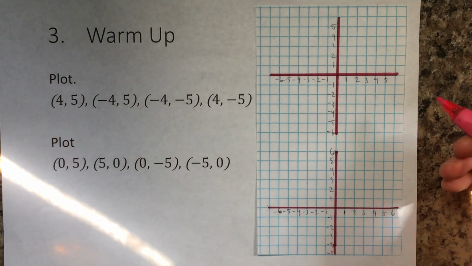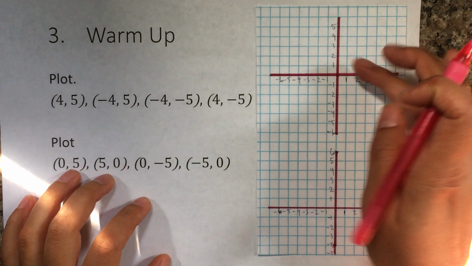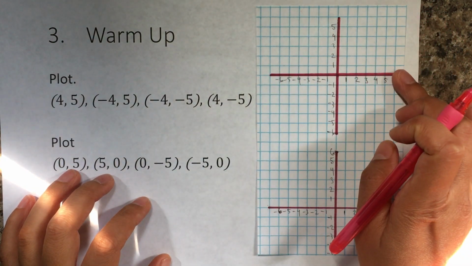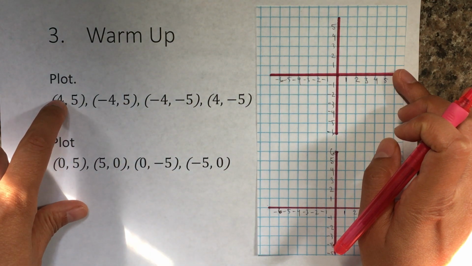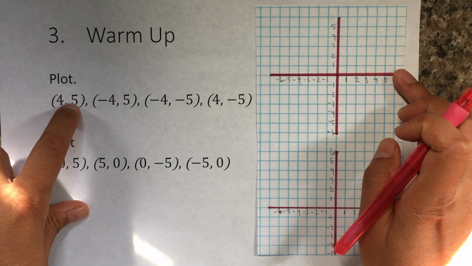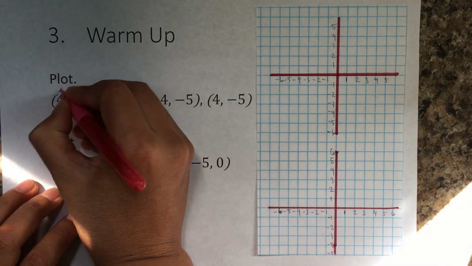So before we start, I want to go over things that you might already know. This is the coordinate plane. This is a coordinate. This is the x coordinate and the y coordinate, and it's always in alphabetical order.